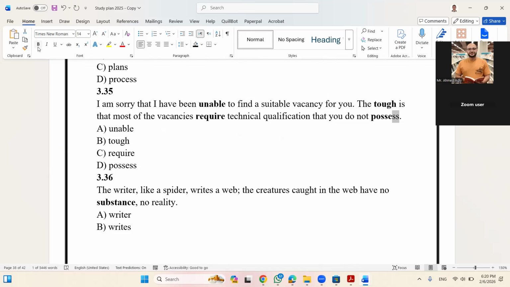Replace it. I'm sorry that I have been unable to find a suitable job. The tough is that most of the vacancies require technical qualification that you do not possess. Here you can say the difficulty or the problem, or you can say the thing is. We have too many options here.